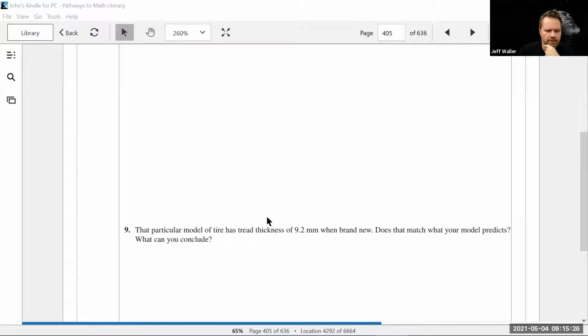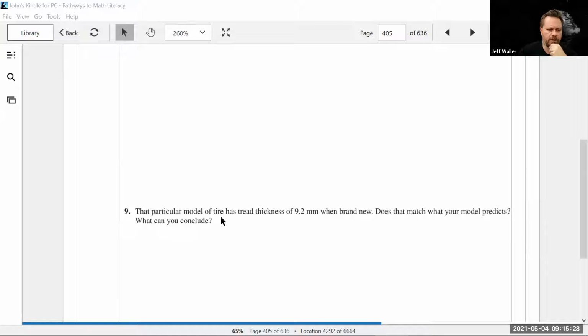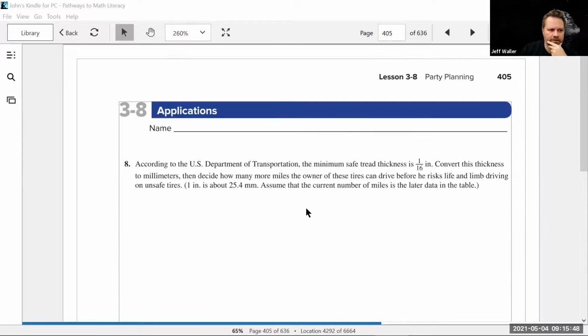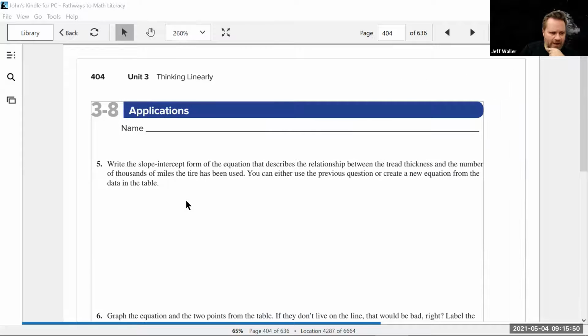So what would this mean, everybody? The particular model tire has tread thickness of 9.2 when it is brand new. So it's after 0 months. So what does this information actually tell you about the graph? You can do it. The y-intercept. Y-intercept, I love it. In number 5, you actually figure out the y-intercept.